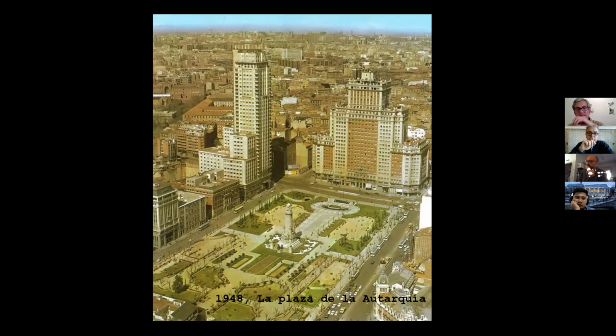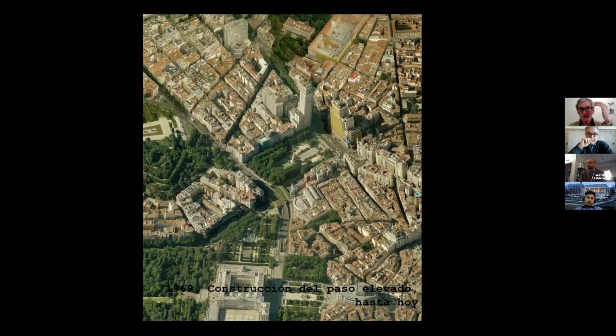So the plaza is not only for Cervantes as a symbol of literature, but is a symbol of the new economy in Spain, with the highest two buildings in concrete in Europe in those years, in the beginning of the 60s, in the last century. So this character of symbolism is very, very strong.